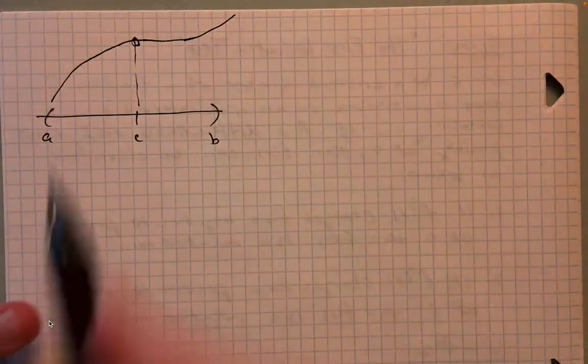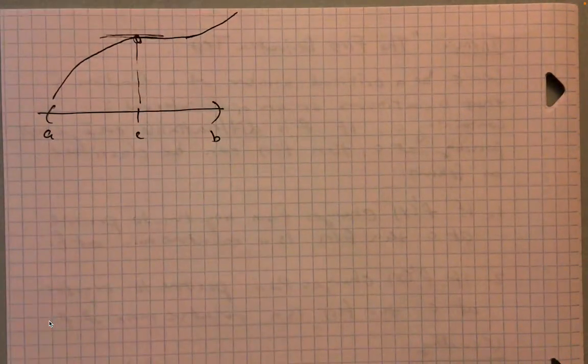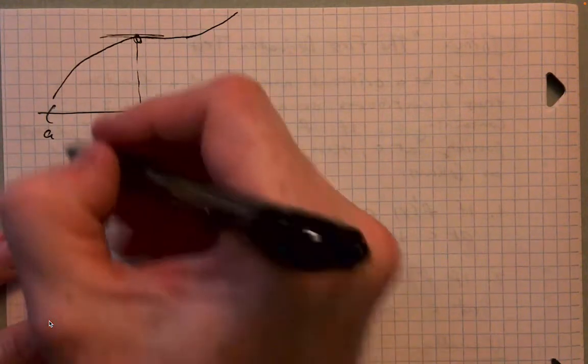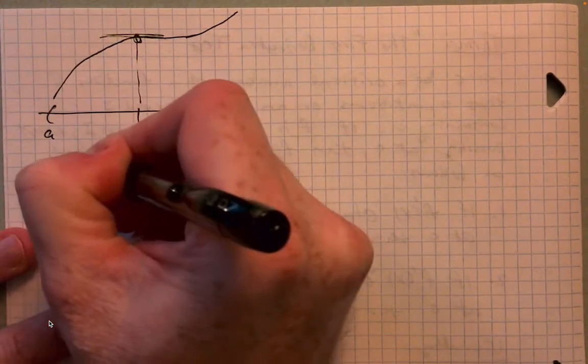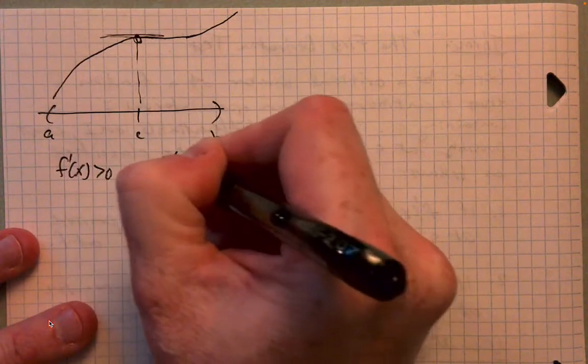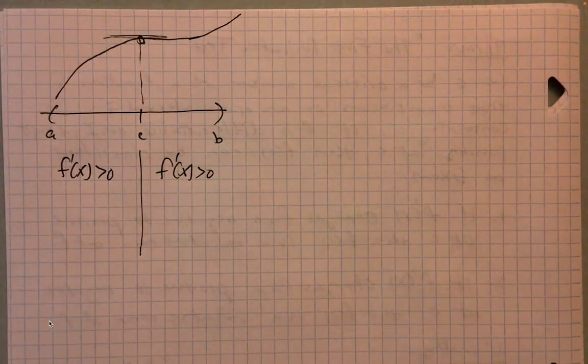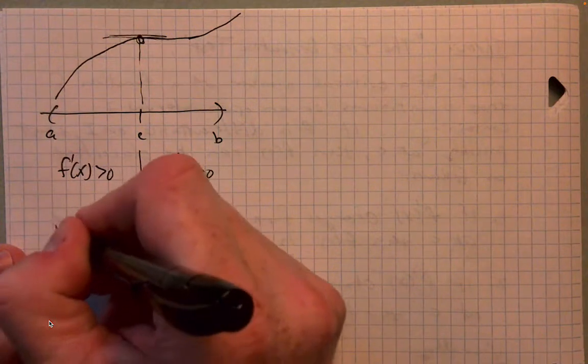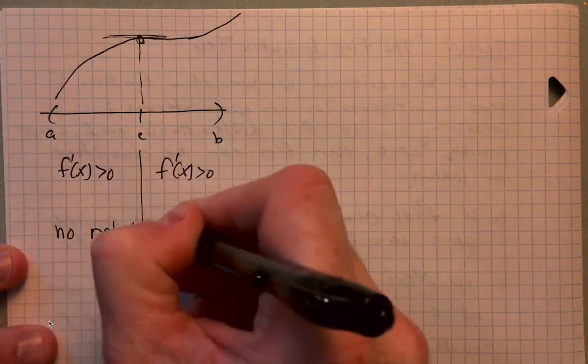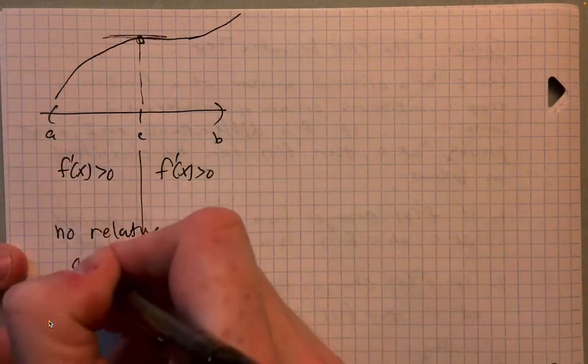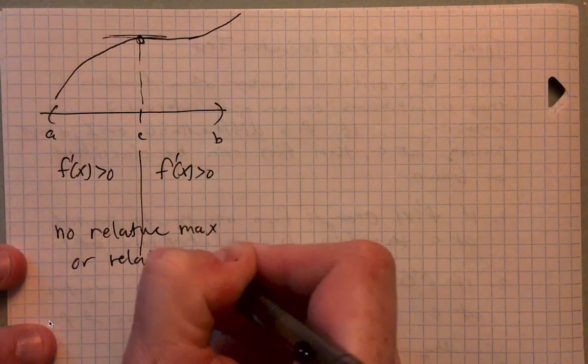So in this case, you've got 0 here, but over here f prime of x is greater than 0, and over here f prime of x is also greater than 0. So what does that mean? Well, it means you don't have a relative maximum or a minimum. So in this case, no relative max or relative min.